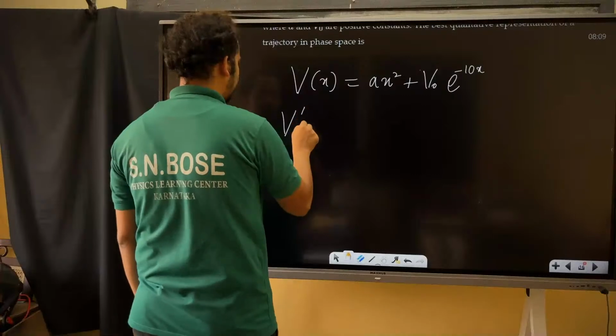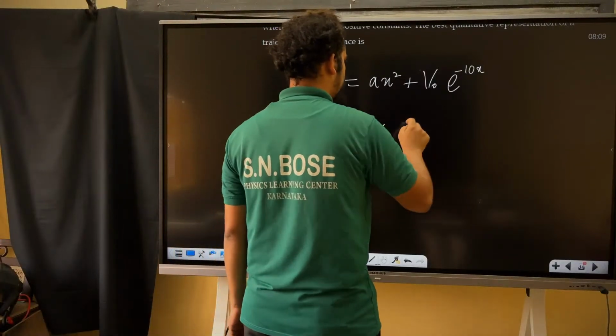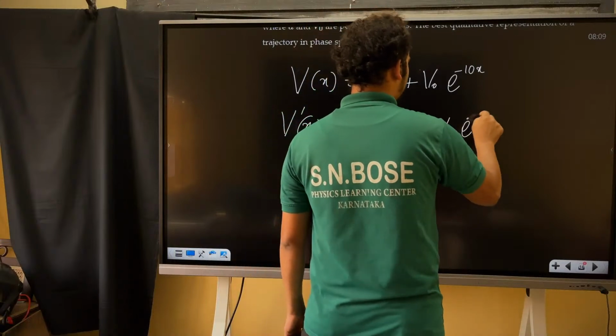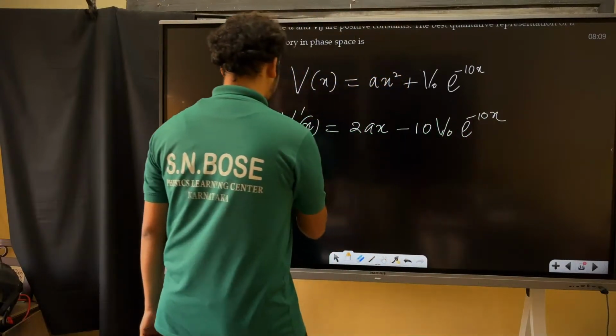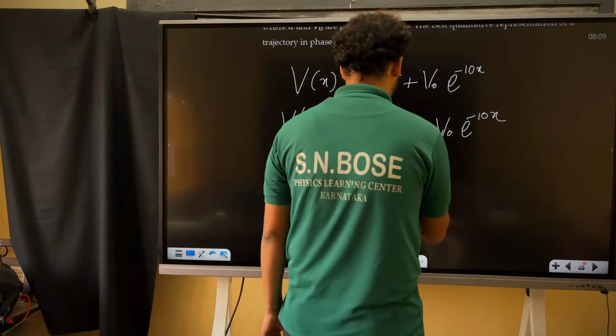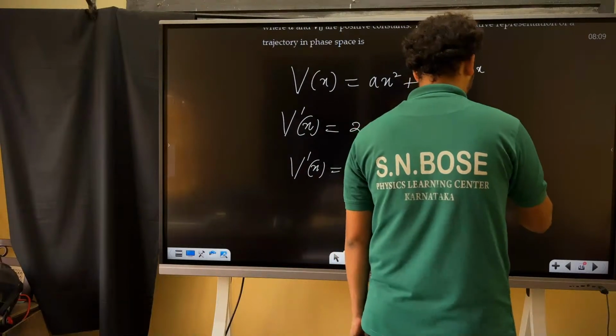So v dash of x, what is this one? 2ax minus 10 v naught e power minus 10x. So equate v dash of x to 0. What you get? 2ax equal to 10 v naught e power minus 10x.